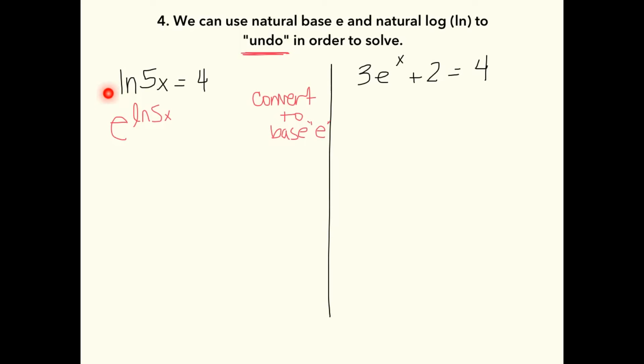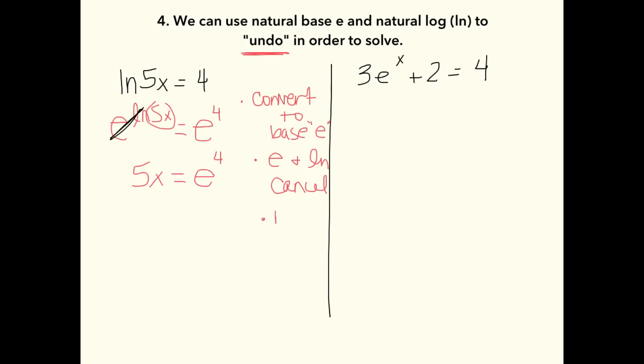So all I did was put an e in front of here, raise it to the natural log of 5x. But whatever I do to one side, I have to do to the other. So e to the 4th. Now what happens is that your e and your natural log, they cancel each other. So all you're left with now is 5x, because that's the only thing left, equals e to the 4th.